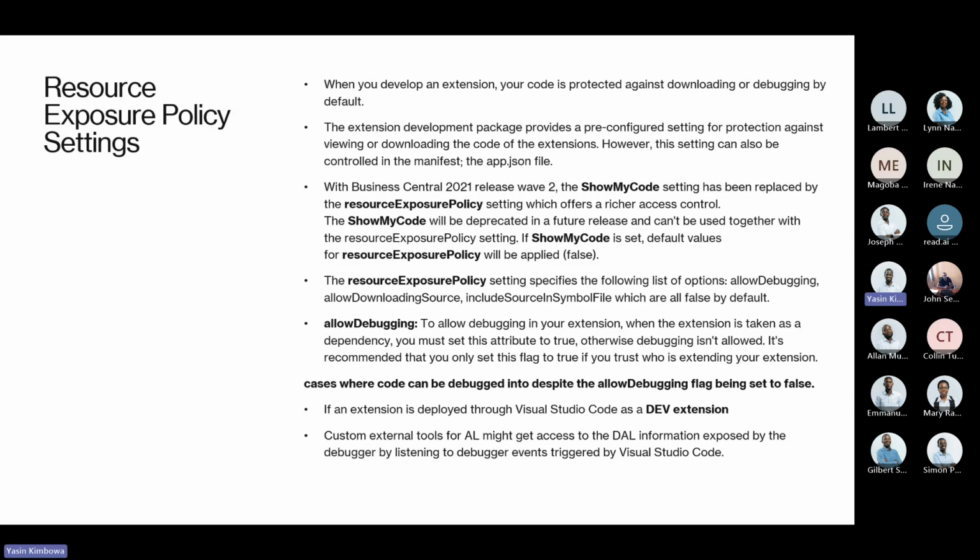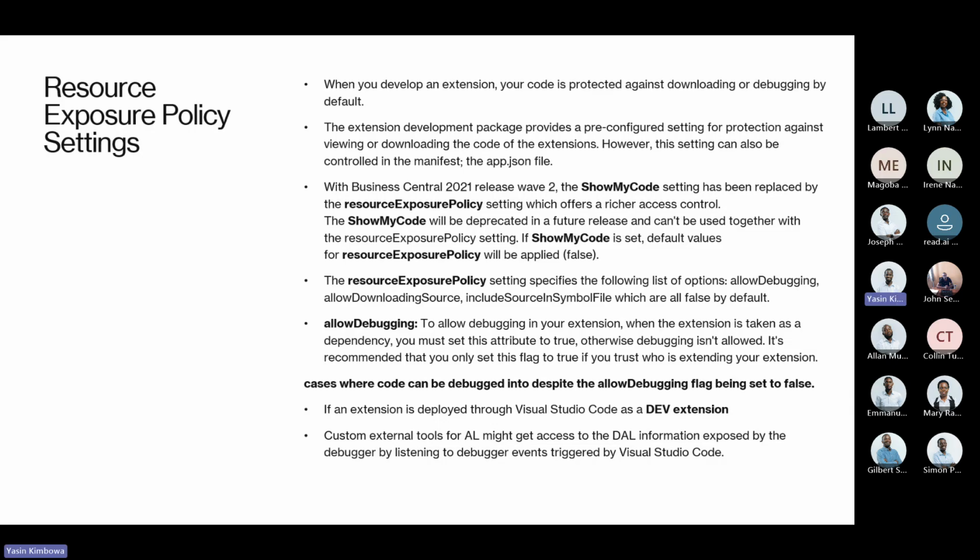So what do they do? Allow debugging in the extension where you want to, maybe I have extension A and B. In extension A, you want to debug B. In B, in the resource exposure policy, the allow debugging must be set to true.